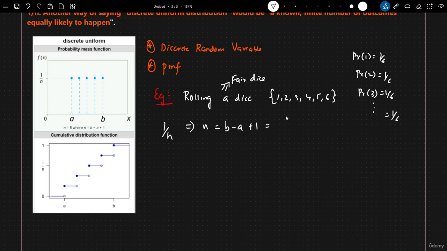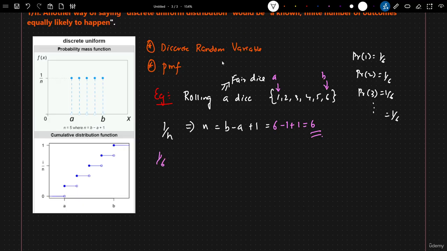What is b in this case? This can be b, this can be a, right? Because your outcomes are ranging between 1 to 6. So here I will write 6 minus 1 plus 1, which is nothing but 6, right? And finally, you'll be able to see that every probability will become 1 by 6, right?